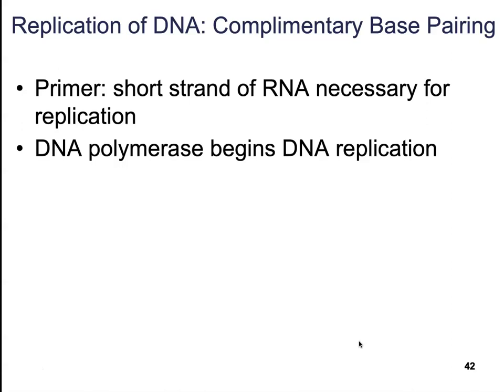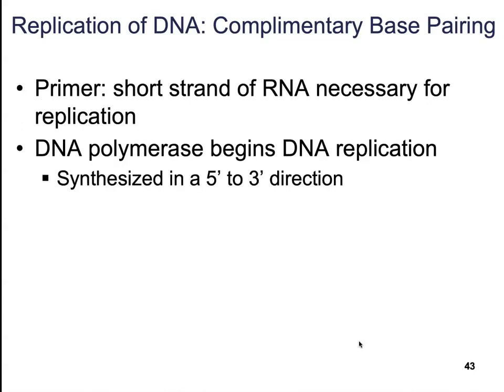Once DNA replication begins, it proceeds in the 5' to 3' direction. Now the parent strands, like we said before, are anti-parallel, meaning that when they're lined up, one runs from the 5' to the 3' end, and the other is going to run 3' to 5'. Now, the new daughter strands are also going to be anti-parallel, so one strand is going to be synthesized from the 5' to 3'. This is what's known as the leading strand.